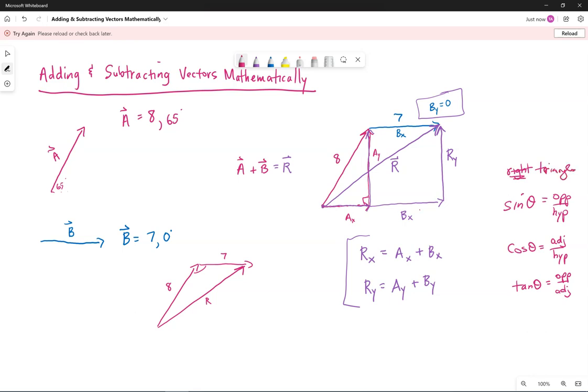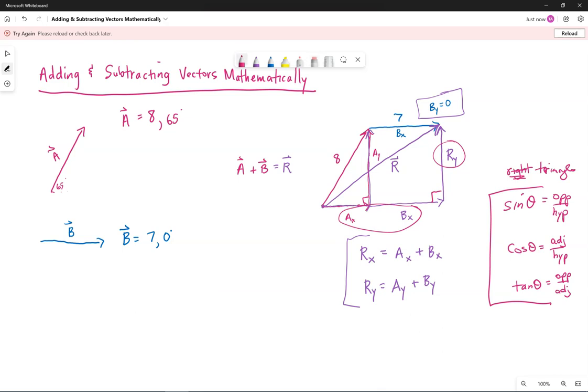That's where these x and y components come from. When we break a vector down into its x and y components, the x component always meets up with the y component at a right angle, meaning we can totally use sine theta, cosine theta, tangent theta, these definitions. So my approach to a problem like this, let me come back.